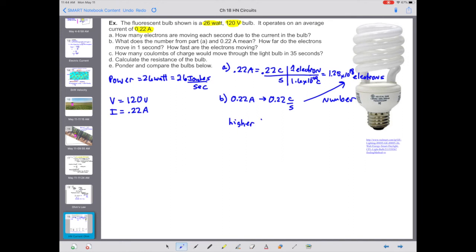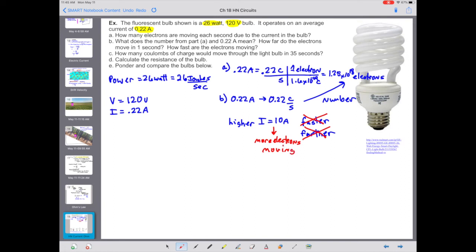Let's suppose we had a current of 10 amps. That does not mean that the electrons are moving faster. That does not mean that the electrons are moving farther. What that means is that there are more electrons that are moving.